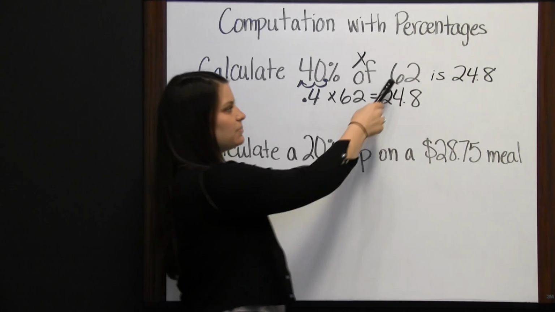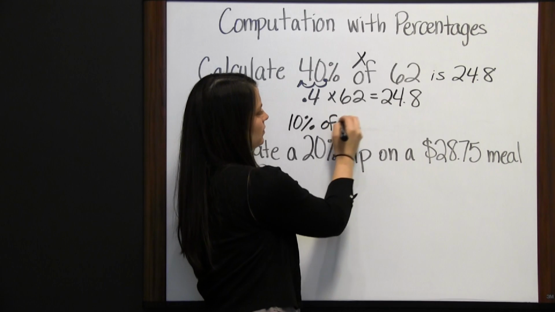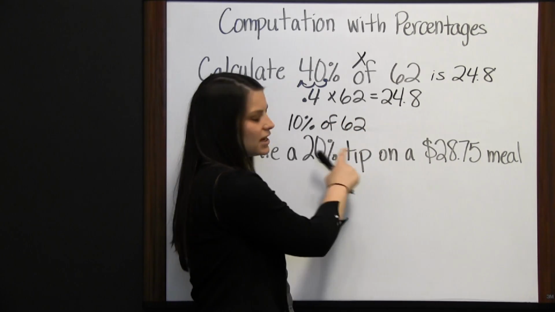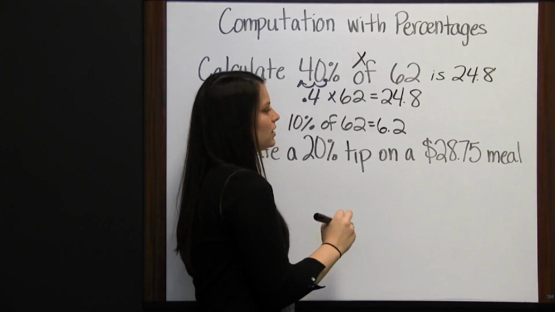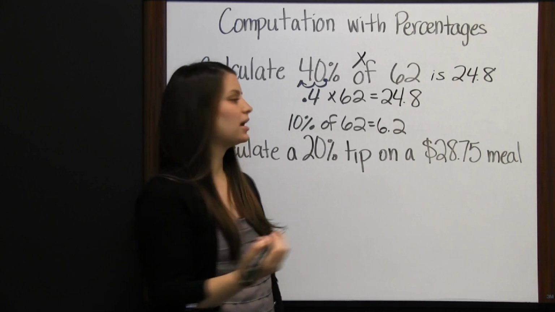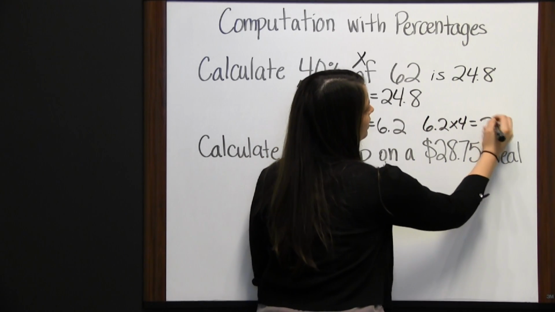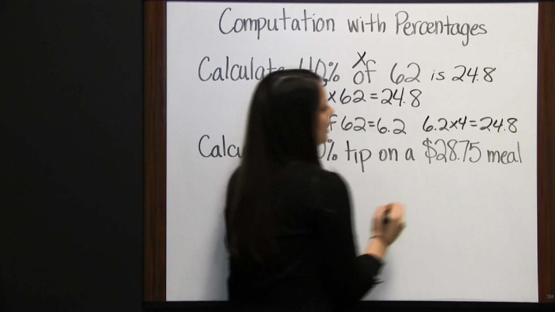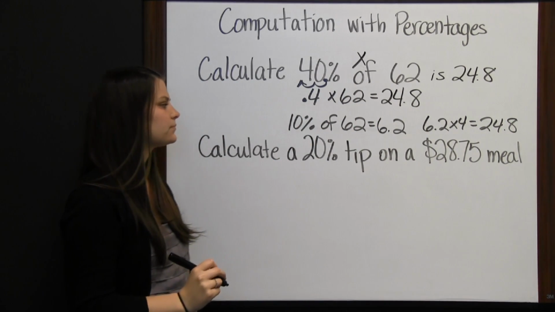So to find 10% of 62, we would just move the decimal 1 place to the left, so that would be 6 2/10. And then we want to do that 4 times, so we just multiply that times 4. So 6 2/10 times 4, which would again give us 24 and 8/10. And this you could do a little easier in your head.